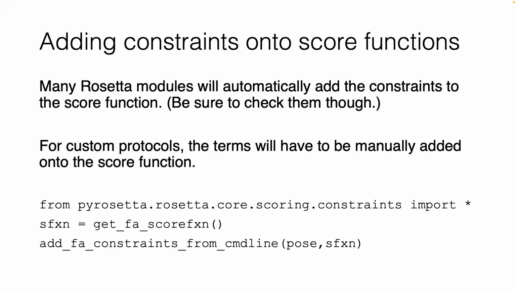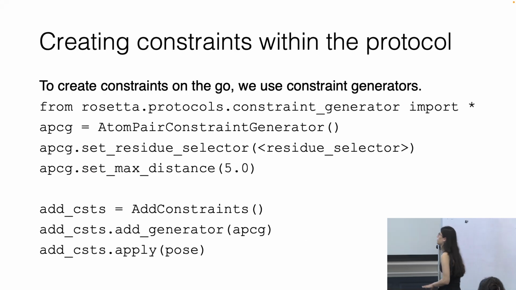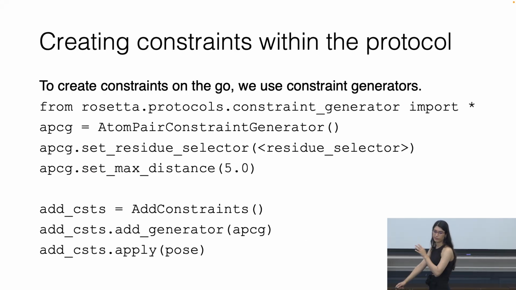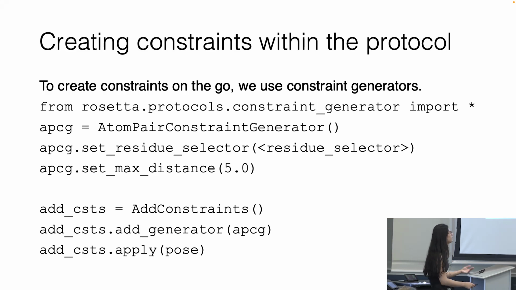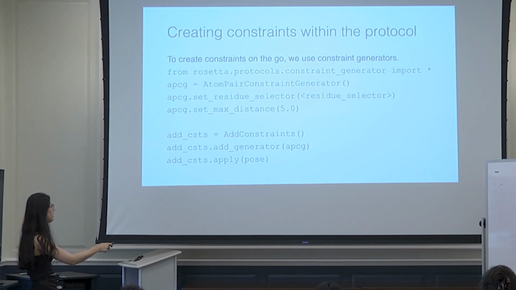And this is how you would add your constraints. And then for our score function, you know how to define this. And you'll also have this slide if it helps. In terms of creating constraints within a protocol, so instead of loading from a constraint file, let's say that you want to create the constraints, you would add it this way, and you would apply it onto your pose.